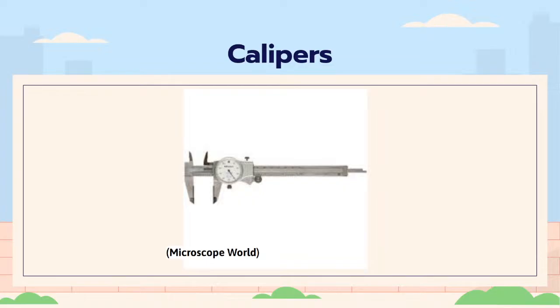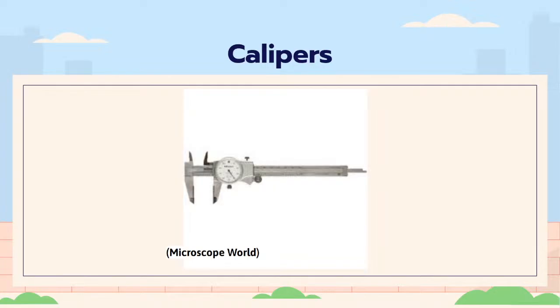Another one. It's called calipers. Okay? Let's say it together. Calipers. You guys probably have a ruler, right? Like a ruler, like a measuring tape. Well, that's what a caliper is. The only difference between a caliper and a ruler is that calipers measure really small measurements. When you're using a ruler, you might measure someone's height or the length of a book, so you can use rulers for big measurements.